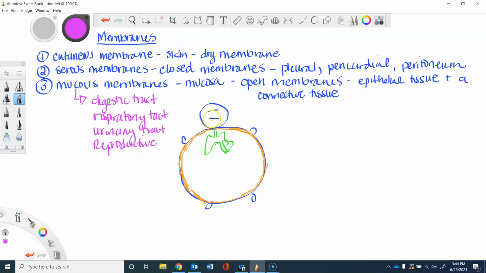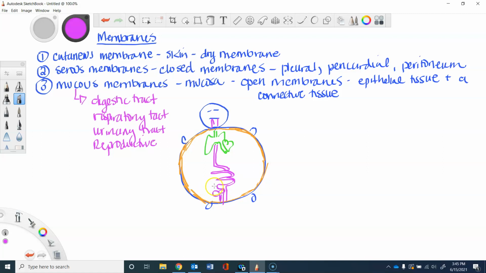So the tube that runs from your mouth all the way down and out this way, those are going to be covered with mucous membranes. Okay, your urethra, which comes from your bladder here, is going to be covered with mucous membranes.